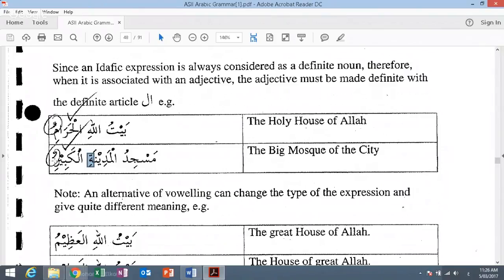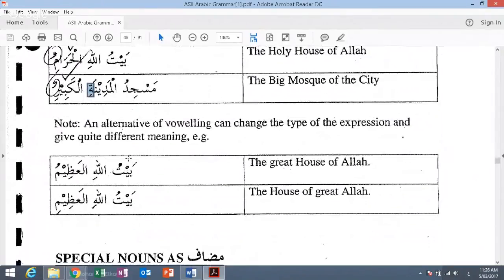Now go to the second example. You see what will happen. See the mouse here. Baitullahi al-haramu. Okay. And then here, Baitullahil azimu.